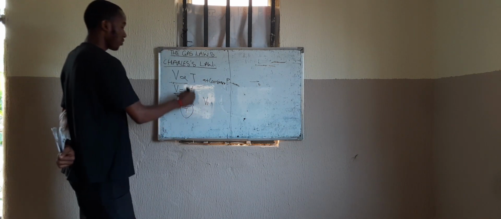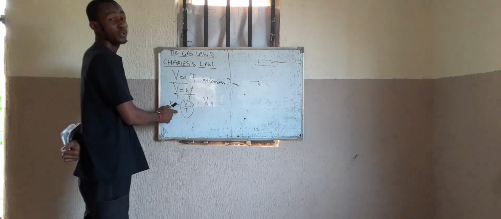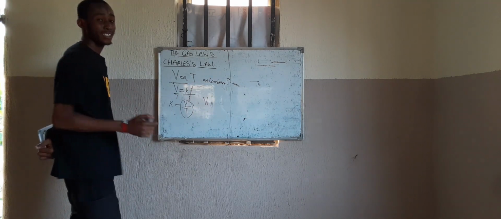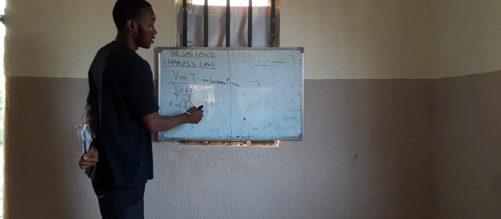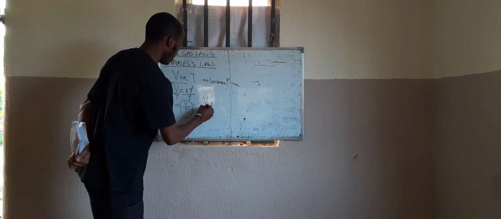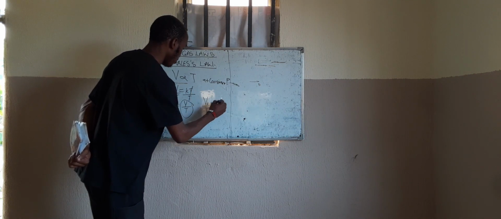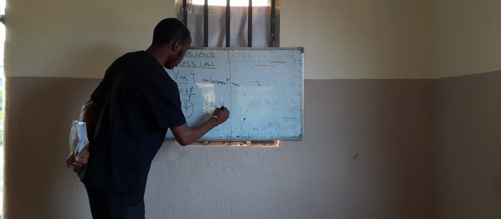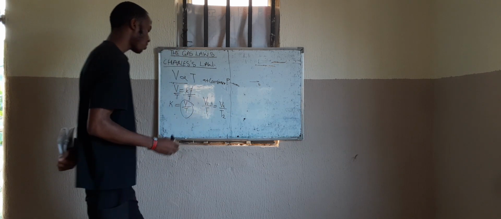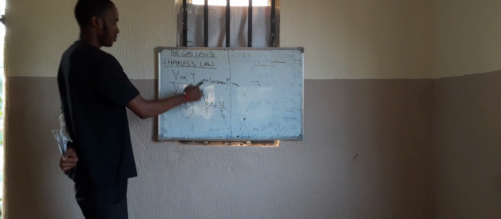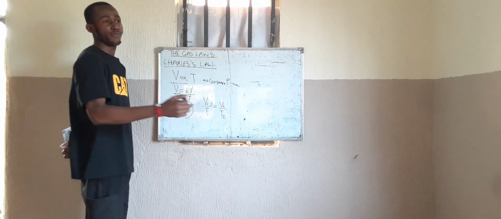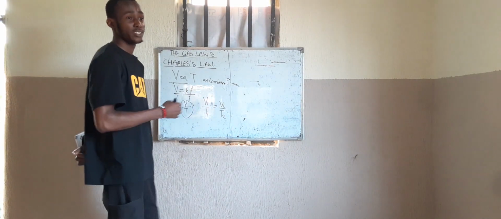This doesn't mean that you can't solve it like this, but for more clarity, let's use this one. This is just variation in mathematics. In our next video, I'll be dropping a video on variation. It has to do with this mathematics.